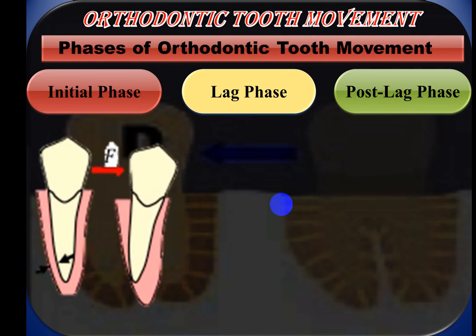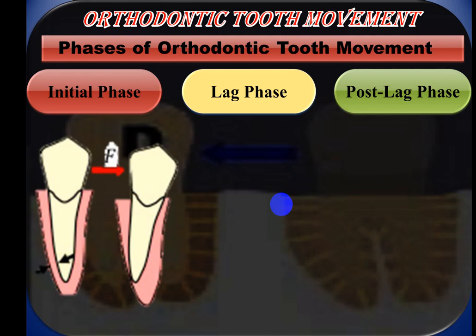You can see the changes in the crown of the tooth and changes in the position of the root after the application of force. This represents the sudden displacement of the tooth within its socket, which represents the initial phase of tooth movement. The amount of this displacement will be the same whether we apply light force or heavy force.